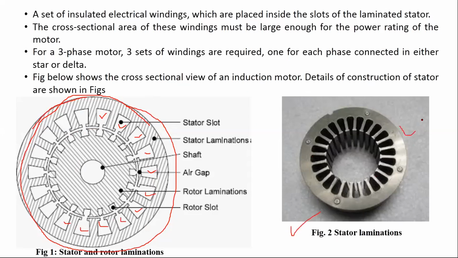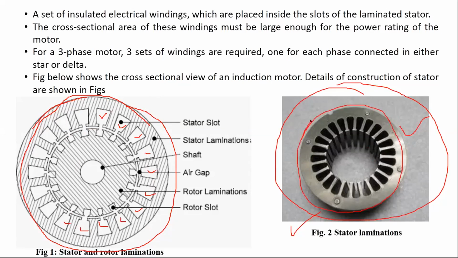Now the stator laminations are shown here. This is the real picture of stator lamination. This stator part is made up of various thin sheets of similar formation, and you can see they all are stacked together to get an assembled stator basically, and the stator windings are kept in these slots here, right?